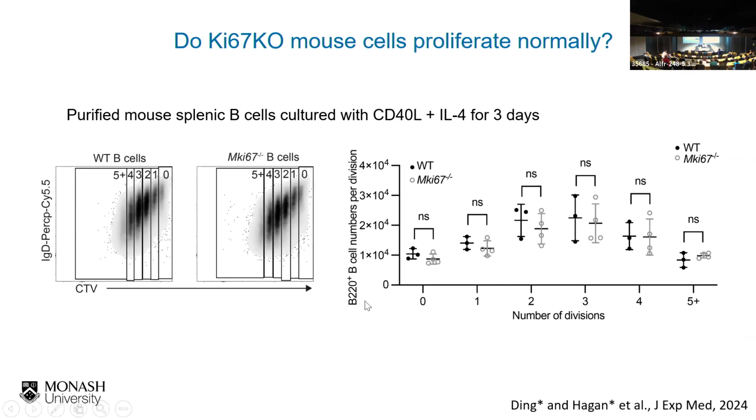As you can see here, compared to wild-type B cells, their CTV dilution looks quite normal, as quantified here. So they can divide as many times as wild-type B cells in vitro. Also, the cell numbers at each peak of the CTV look no different compared to the wild-type B cells. So we think Ki67 knockout B cells, at least, proliferate normally.